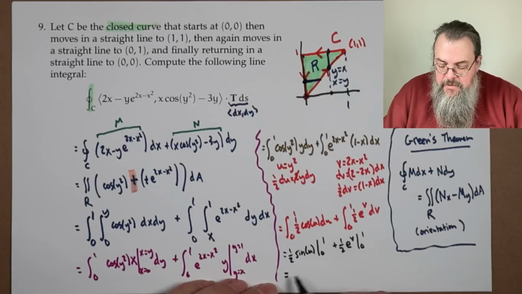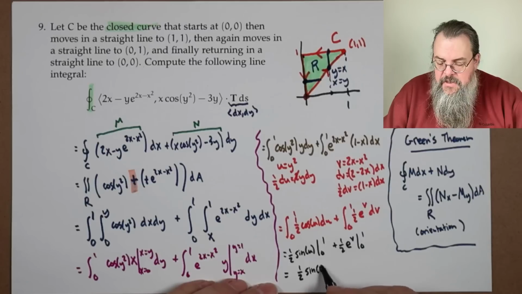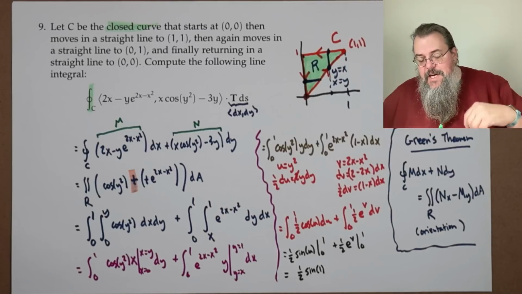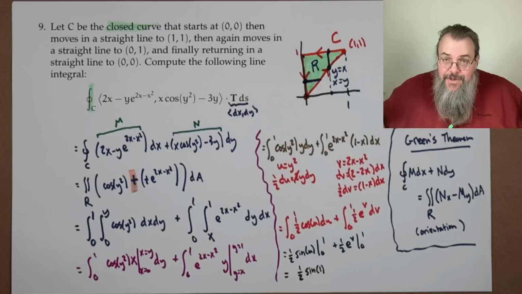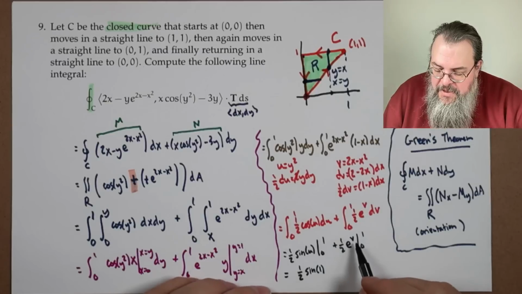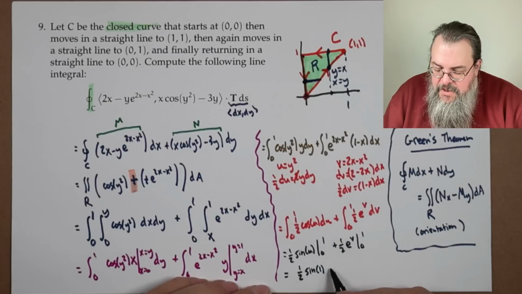So when we plug this in, we're going to get 1/2 sine of 1. Not much we can do with that. Sine of 0 is 0, so that's gone. Don't have to worry about that. Then we plug in 1 into e to the v, we get 1/2 times e.